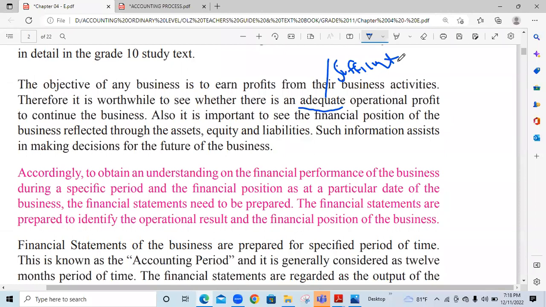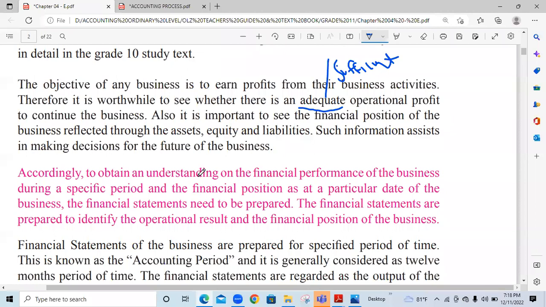Because of that only, they prepare a financial statement called the statement of profit or loss. Guys, they prepare the statement of profit or loss in order to identify whether the business is having enough operational profits. Okay, so what is the purpose of the statement of profit or loss?